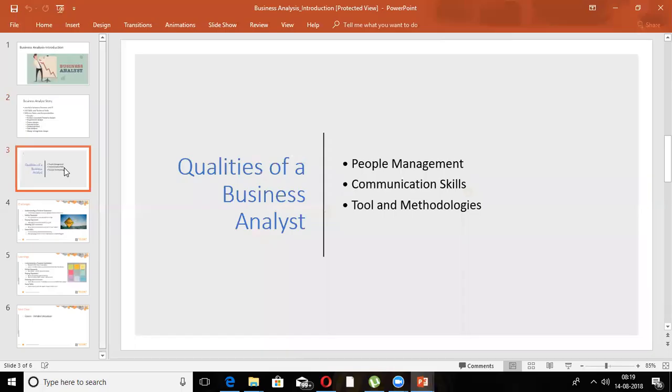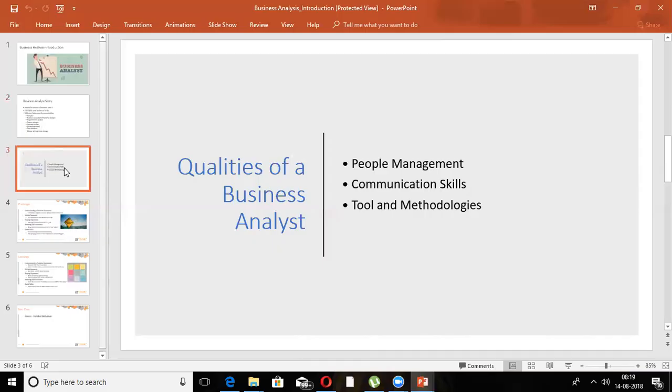Okay. So now I was talking to you about the qualities of a business analyst. In my experience so far, it's not all about software aspects. Knowing how to document and having experience using different tools is all okay, but a business analyst is mostly about people management.